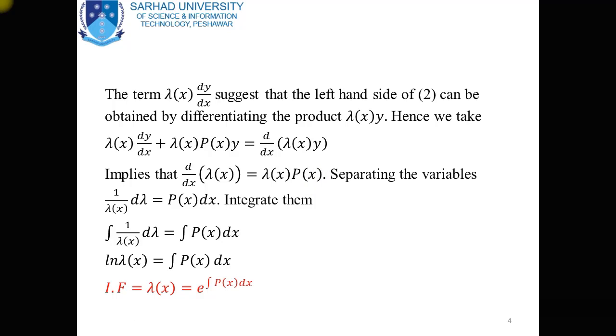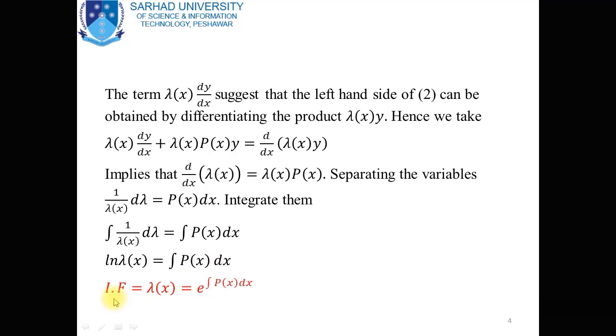Now separating the variables, we obtain (1/lambda(x)) d lambda = P(x) dx, and integrating them we obtain the integration of (1/lambda) d lambda equal to the integration of P(x) dx, and the integration of this function gives log of lambda(x) equal to the integration of P(x) with respect to x.